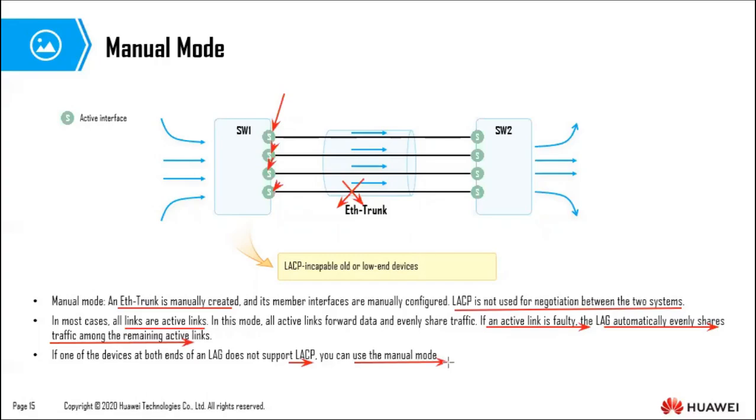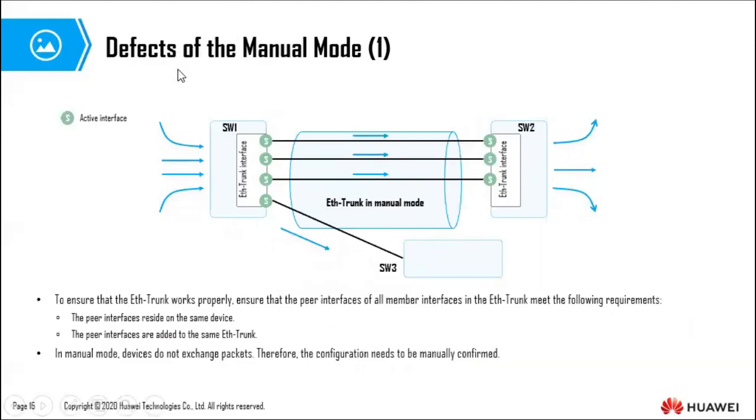So you only want to use the manual mode if, for example, you're creating an Ethernet trunk between 2 switches and one switch does not support link aggregation control protocol. That's the only time as a network engineer you're allowed to use the manual mode. Okay, so let's look at some of the problems of the manual mode, defects of the manual mode.